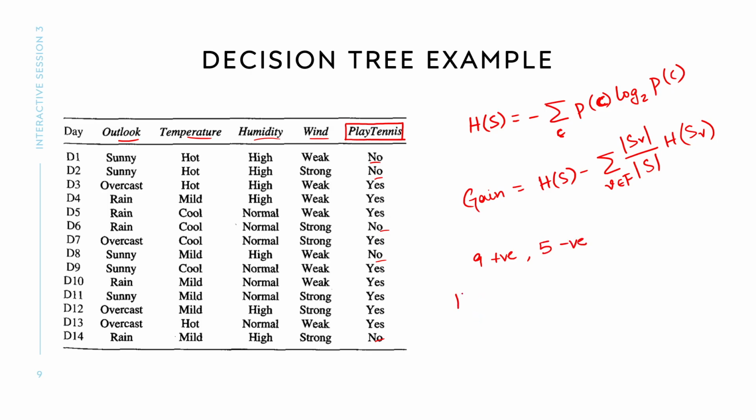So my H of my entire set is basically how much? So minus, 9 plus 5 is 14, so 9 by 14 times log base 2 of 9 by 14, plus I have 5 negative, so 5 by 14 times log base 2 of 5 by 14, right?